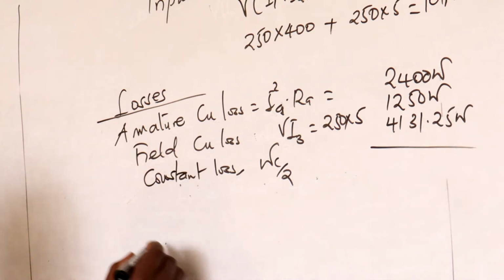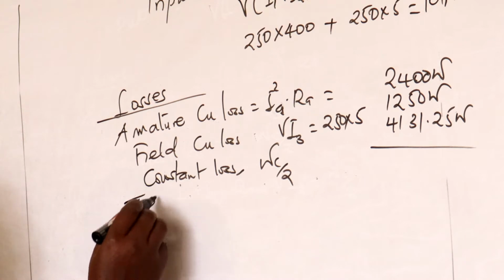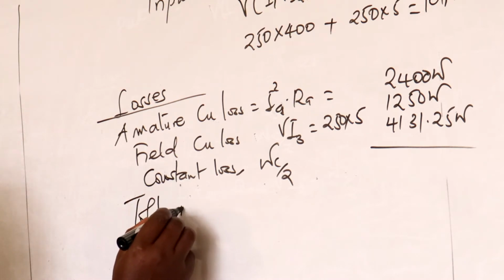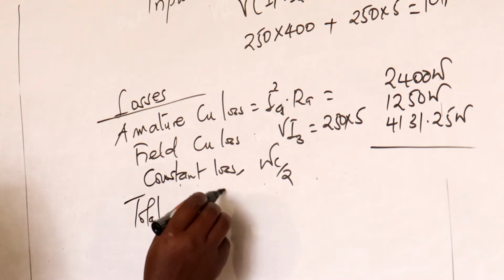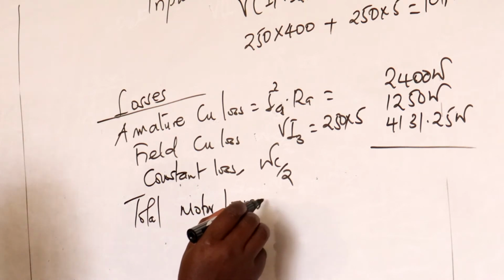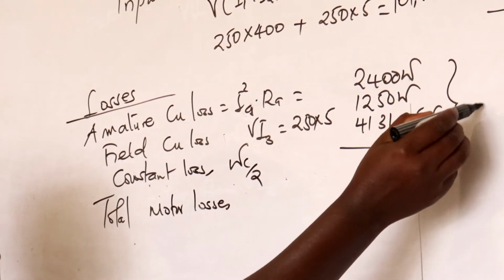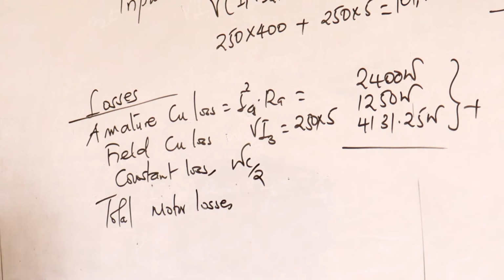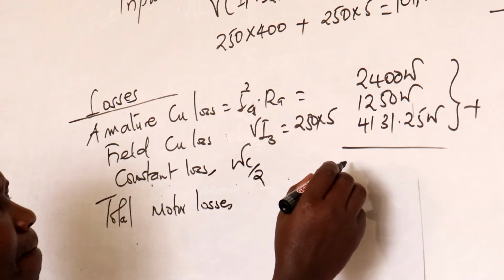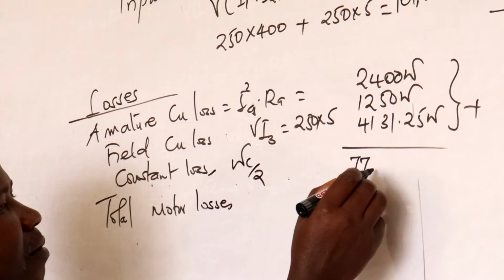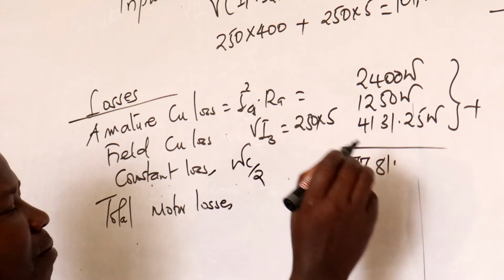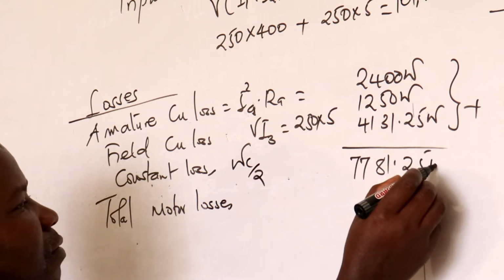So we can get the total motor losses. Add all this, and we get 7781.25.